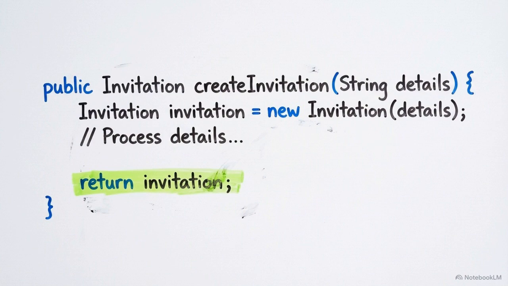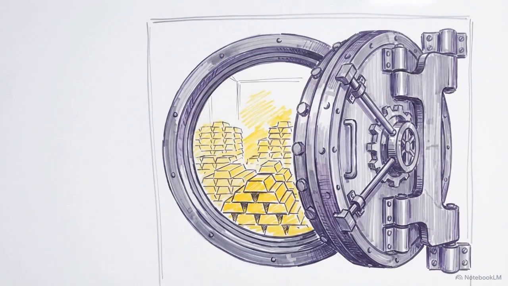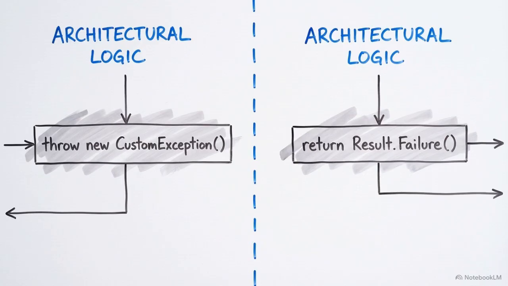If the rules pass, we simply return the new invitation. But pay close attention to the calling application. The developer implementing this method must explicitly check the isFailure flag on the returned result. If they forget, the validation logic is ignored entirely. When executed correctly, pairing a centralized error catalog with result returns gives you a highly readable, self-documenting domain layer.